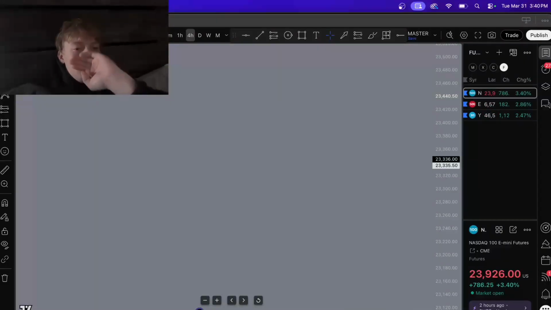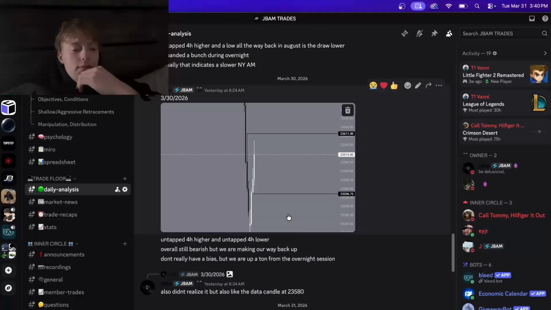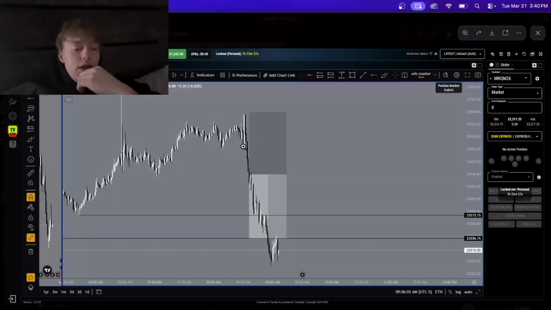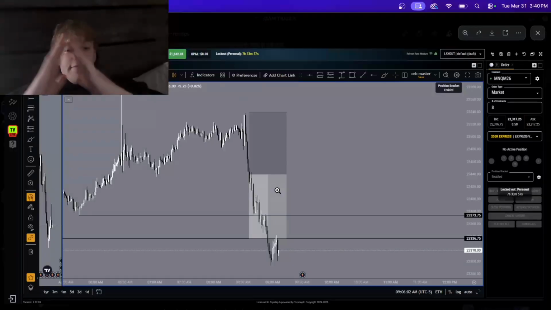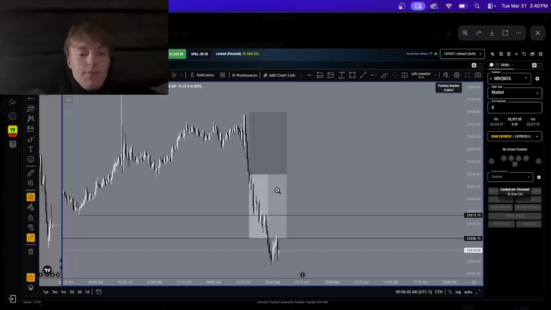Especially like I said, we manipulate off the open. And this setup happens often, or has as of lately. We pump right off the open, and then immediately that V shape sell off is exactly what I'm looking for.